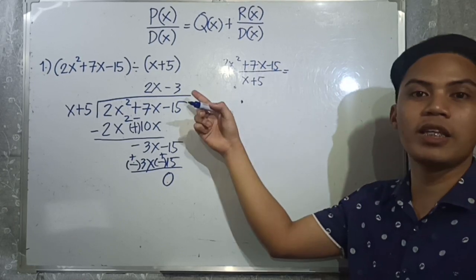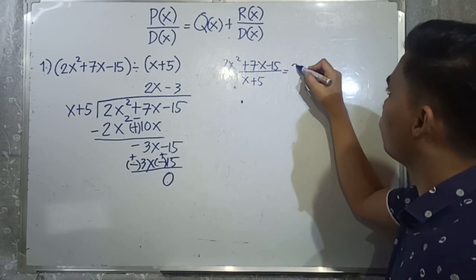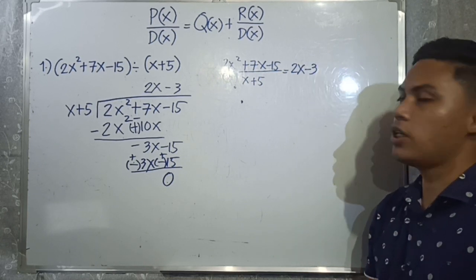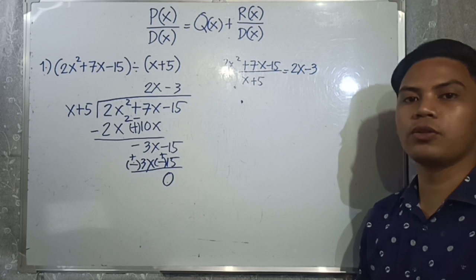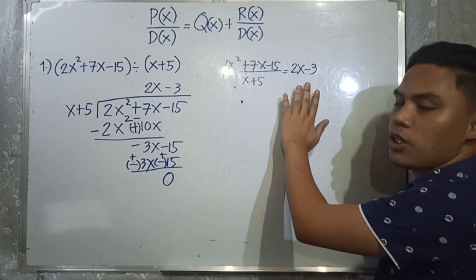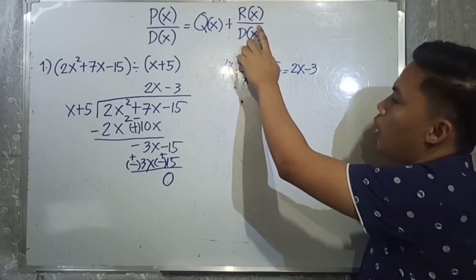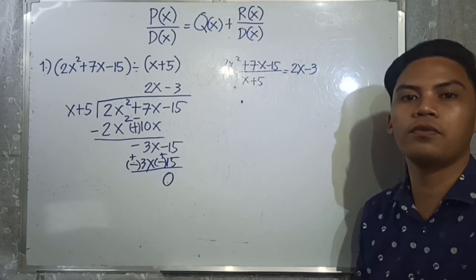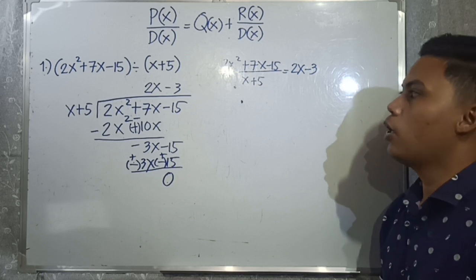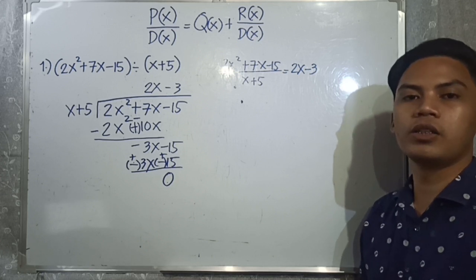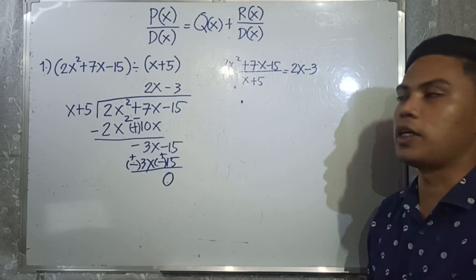So, yung quotient natin or yung sagot natin would be 2x minus 3. Now, since wala tayong remainder, hanggang dito lang yung pagkakasulat natin sa notation. So, we're not going to include anymore r of x over d of x. Okay, so to check, we can apply FOIL method para ma-check natin kung tama ba yung sagot natin.